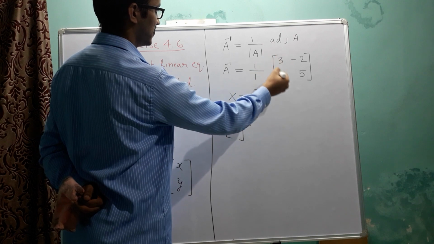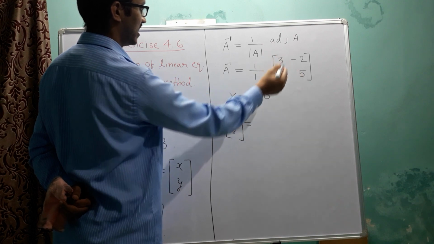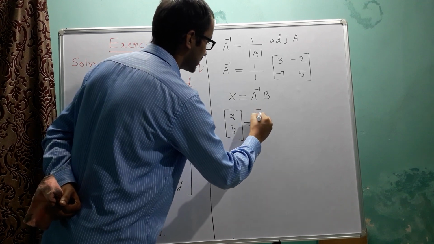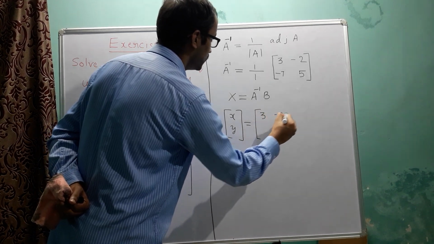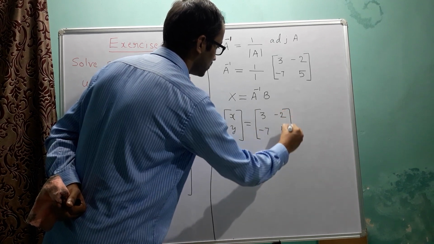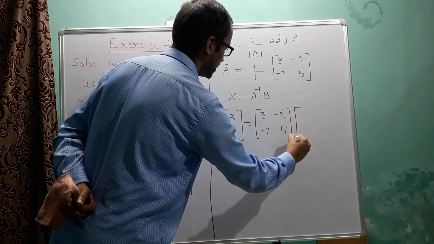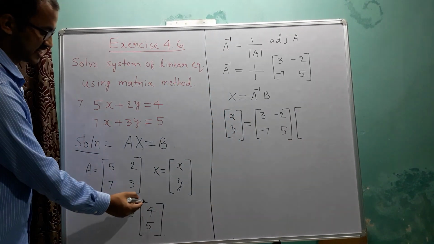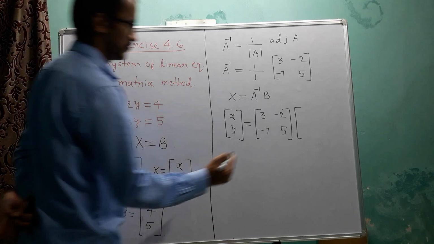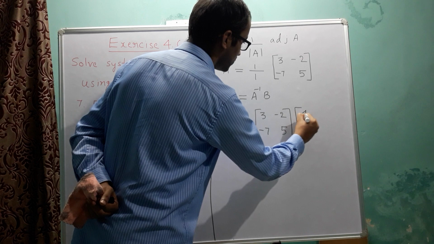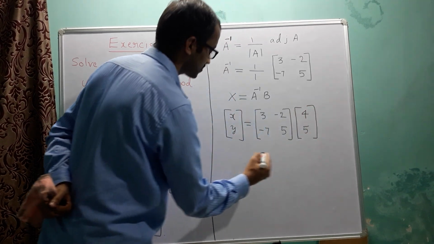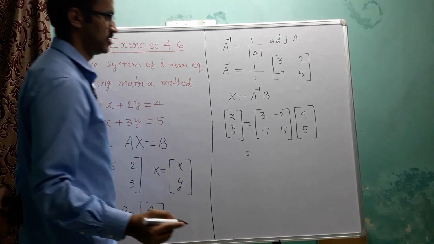So 1 multiplied with this matrix is again the same matrix. So we can write 3, minus 2, minus 7, 5, into matrix B. The value of matrix B is the column matrix 4, 5.